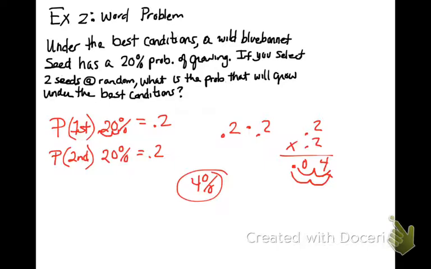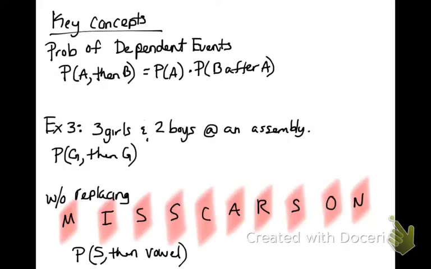All right, next problem. Okay, so now we have another key concept we have to talk about. That's the probability of dependent events. Now, the first event is always independent, but the second event is always dependent.